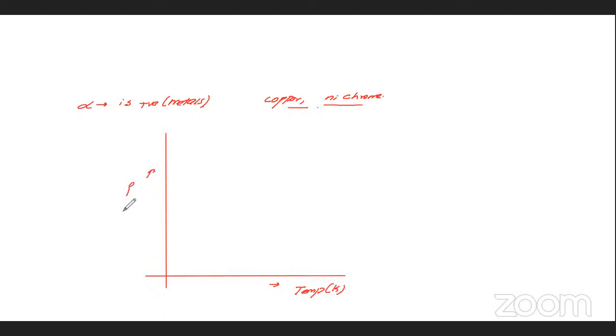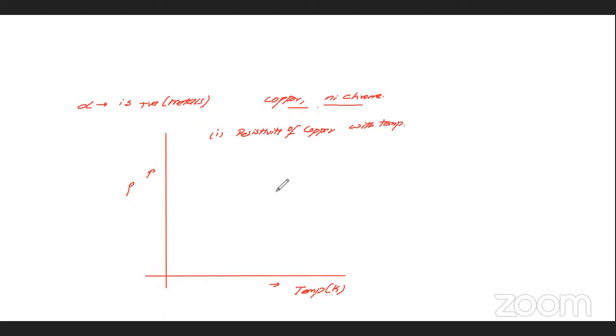The first case is the resistivity of copper with temperature.